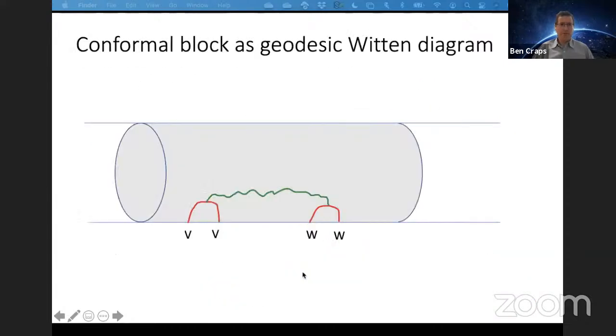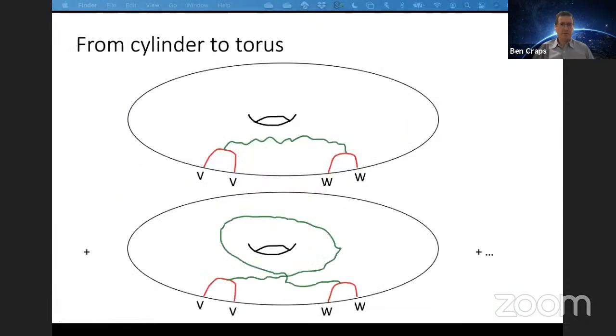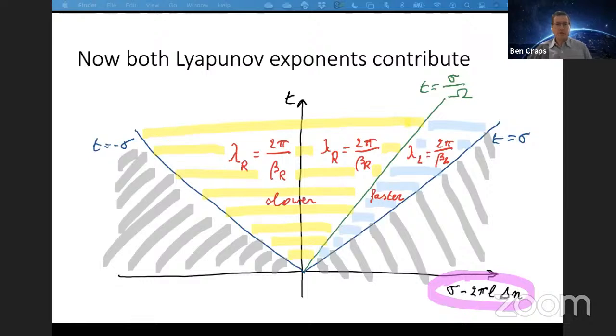Okay, so we have these operators V and W, right? And one of the two was inserted at 0, 0. The other one was inserted at spatial coordinate sigma and time coordinate t. And we take these to be time-like separated from each other.